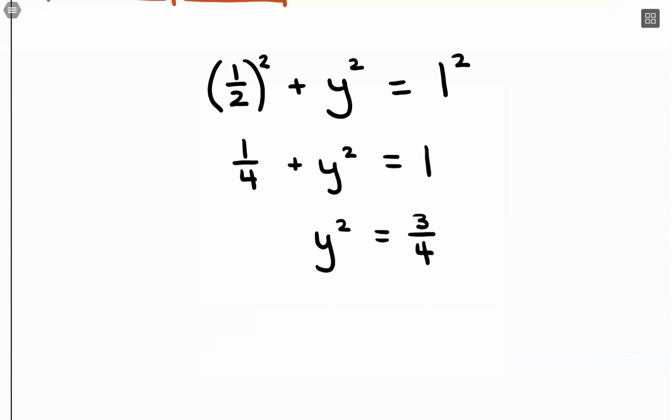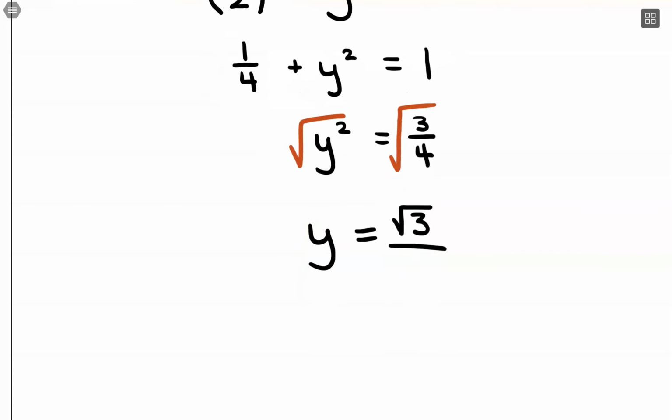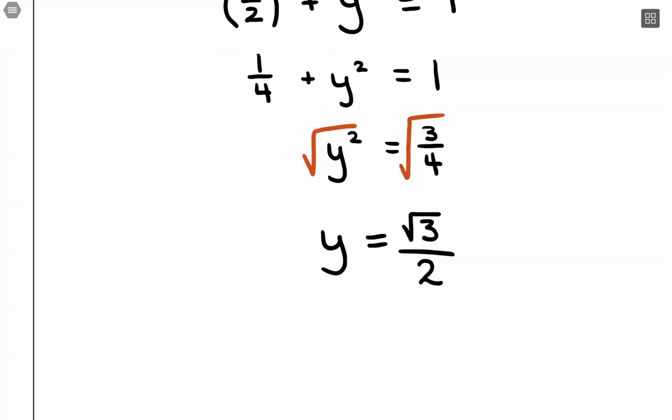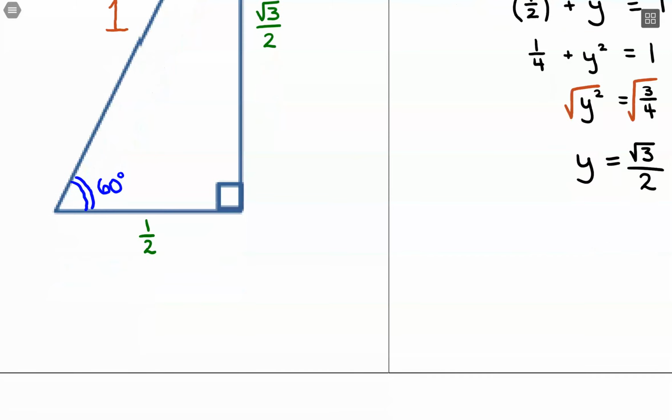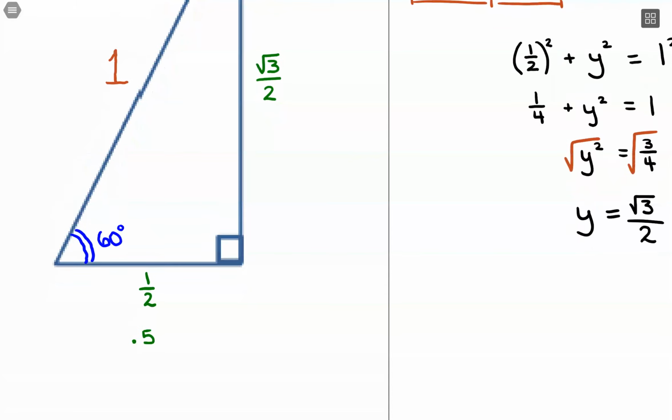All right, and then I'm going to take the square root of both sides, which will give me y equals, in the numerator, square root of 3, in the denominator, square root of 4, which simplifies to 2. So with that, we just found the long side of this triangle, which is the square root of 3 over 2. Now, me saying short versus long, we could double check that with our decimal values. So 1/2 is equal to 0.5.